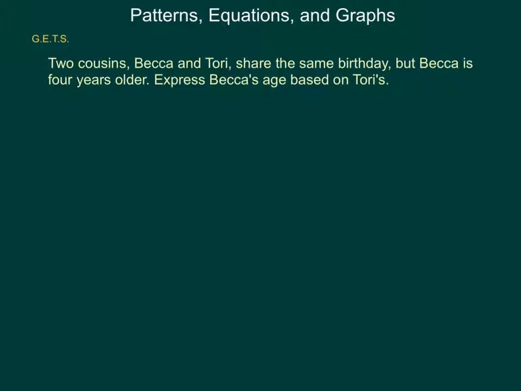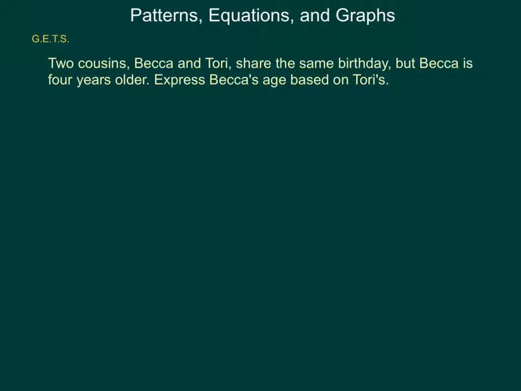And to study that question, we're going to talk about what I call GETS, or graph, equation, table, story. Any situation that we have, we should be able to describe or represent in all four of these methods.